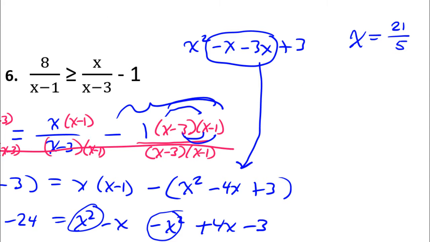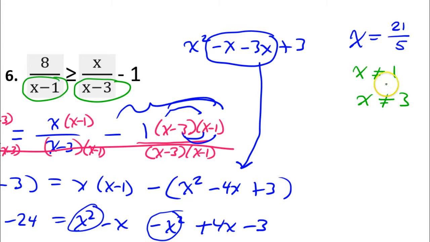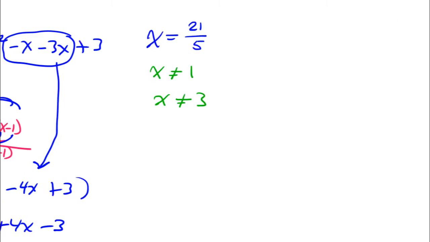In addition to that, though, any excluded values will also go on the number line. So looking at the x minus 1, I know that x cannot equal positive 1. Looking at the x minus 3, I know that x cannot equal positive 3. So these are the three values that belong on my number line.